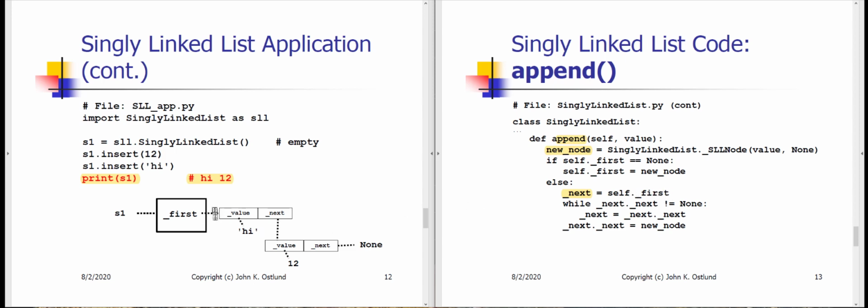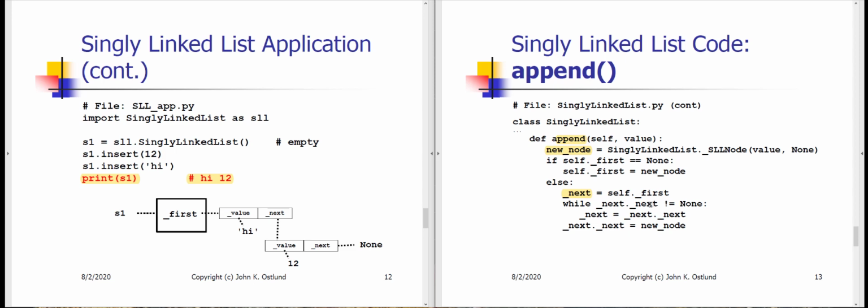So underscore next is initially pointing at the very first item, the very first node in the list. And what we're doing here is testing whether there is a next. That is, we're detecting whether the node that we're currently referring to is the final node.